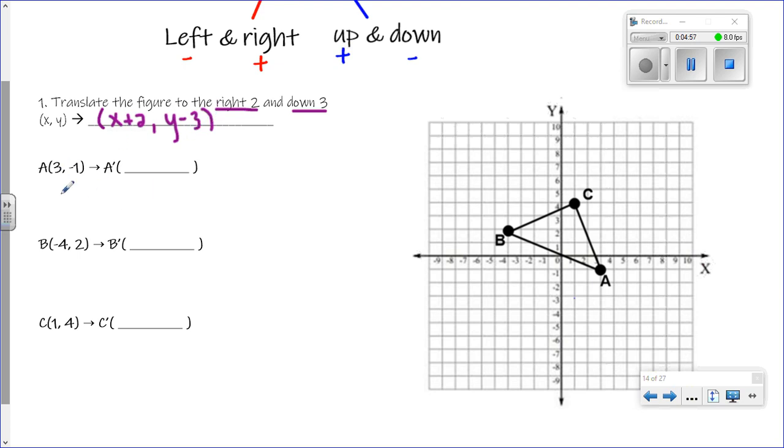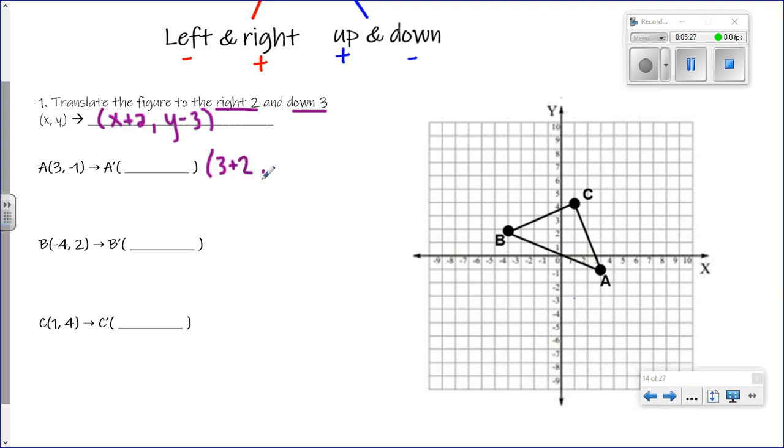So, one way to figure that out is if we're just given the points of our pre-image, we can go ahead and use our rule to figure out the image. So here, we know that A is at (3, -1). So in order to figure out the others, we are going to take 3, and then we're going to add 2, because we're going to take the x value and add 2.